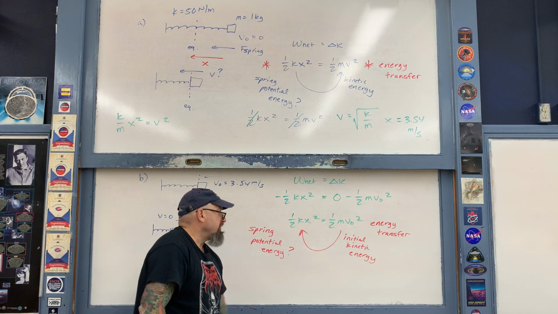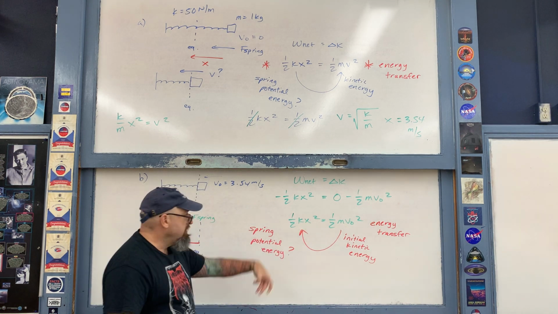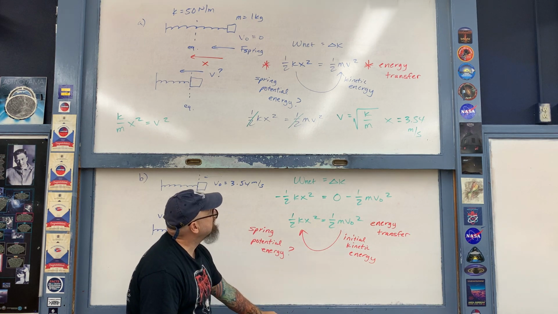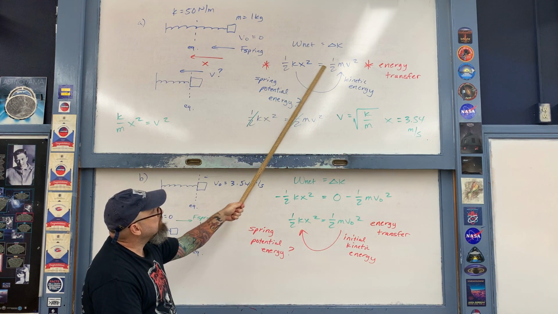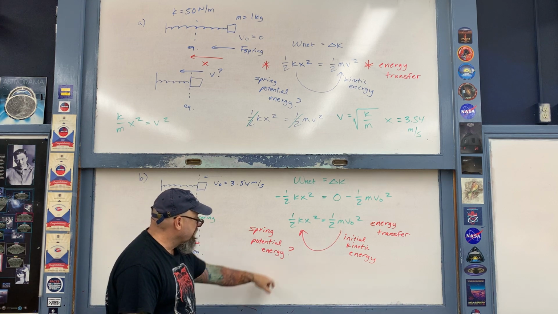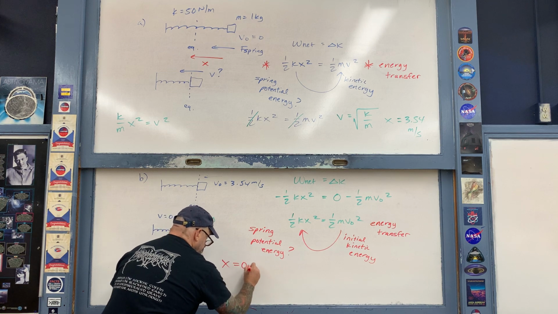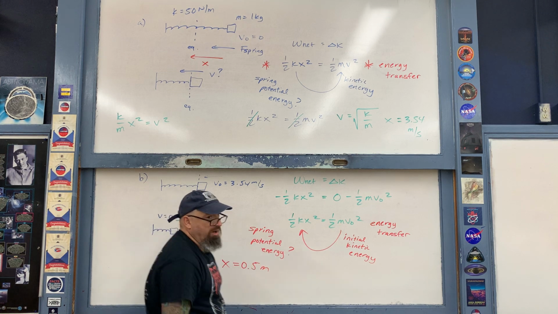Okay, now mathematically, what we have to do is solve for x. However, in doing so, notice that this expression is basically the exact same thing as this expression here. It's just that the energy transfer occurs backwards. So if we were going to go through the motions and solve for x, what we would find is that x is equal to 1/2 meter. No surprise.